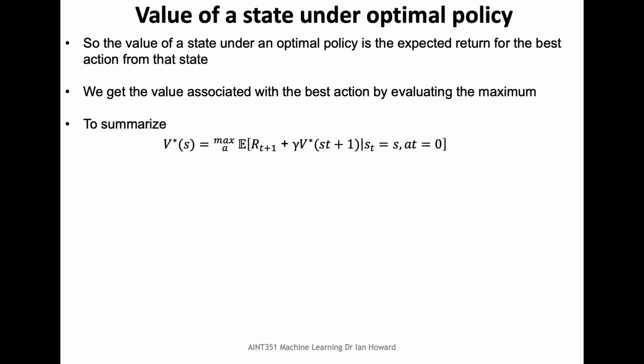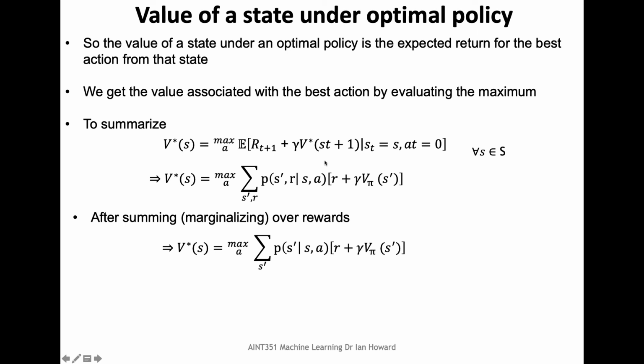So to summarise, the best value of a state can be achieved by the expected gain for state S, taking the best possible action, right? Putting in the equation for what Q of S and A comes out as, it's this sum, and in this particular case we're going to marginalise over R, because this expression is a bit simpler.